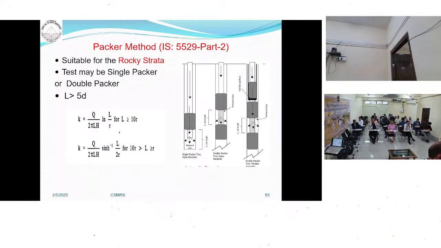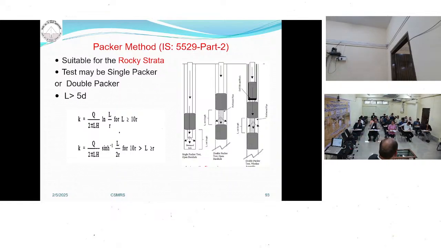This test is conducted at the bottom of the borehole, and at a certain height we provide the Packer, and we supply the water at a pressure inside the borehole, and we measure how much water is going inside this borehole in a certain time period. The water that is going inside is measured with the help of a water meter, and the pressure with the help of a pressure gauge.